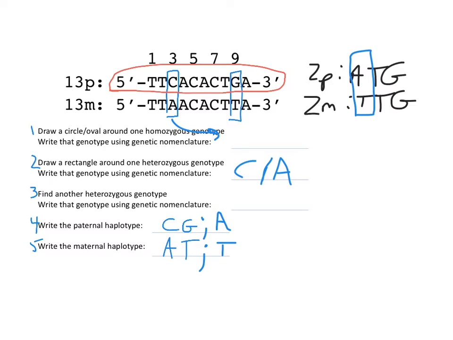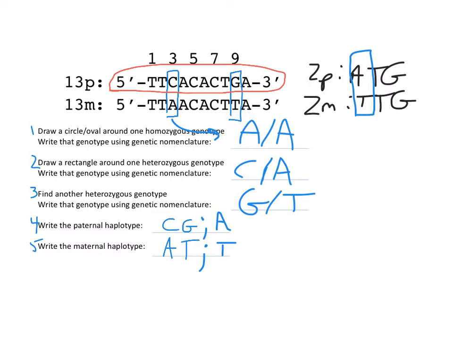Thank you for making me stick to what I wanted to do and fill in all the answers. So then a homozygous genotype will be what? Let's say position 6. What's the genotype at position 6? A/A. So the other heterozygous genotype, just for fun, was G/T on chromosome 13.